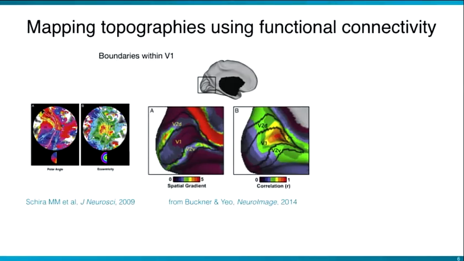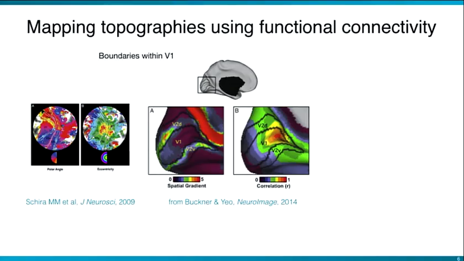Now, specifically looking at topographies using functional connectivity, there's this interesting feature that's already come up in the discussions and the presentations before: what aspects of, let's say, cortical boundaries are best captured using resting state functional connectivity and various connectivity measures in general.